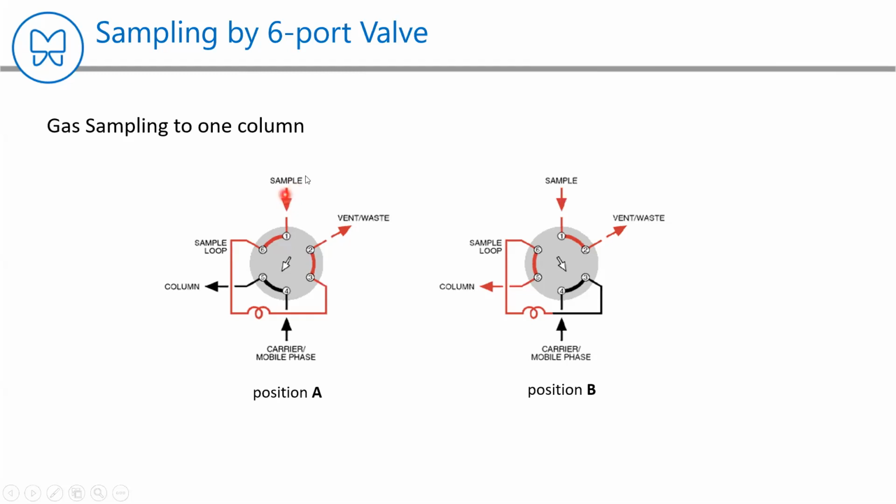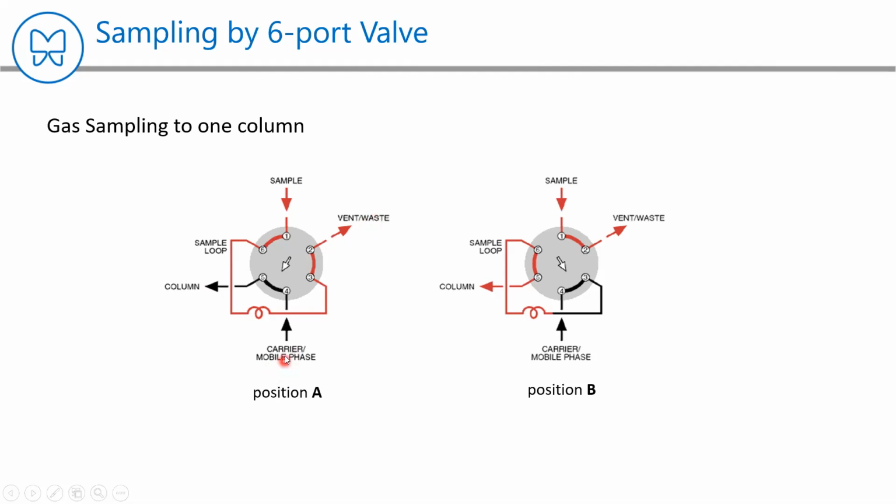So here in position A, we can see that the sample comes and fills the sample loop. The sample loop has an exact volume. For example, I can choose a sample loop of 1 milliliter, 2 milliliters, or 500 microliters. The sample comes, fills the sample loop, and then goes to the waste.